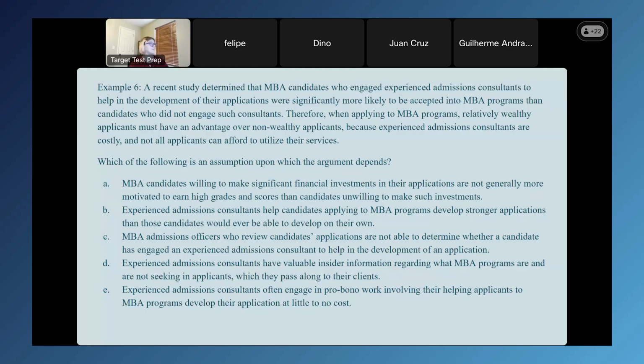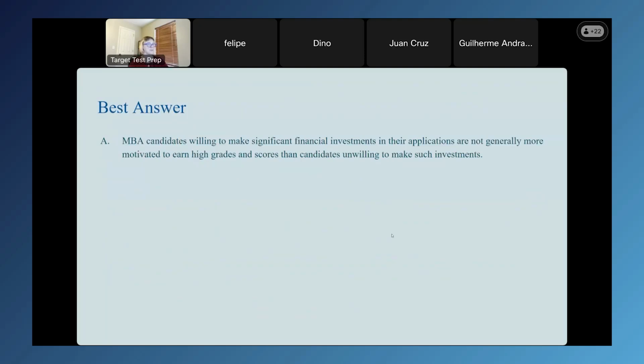It's not necessarily directly contradicting that, because you can have a high hourly rate and do pro bono work, but it's not a necessary assumption. It is a weakener at best. So, yeah, I get asked about this one a lot, so that's usually why I include it. So A is our best choice on that one.